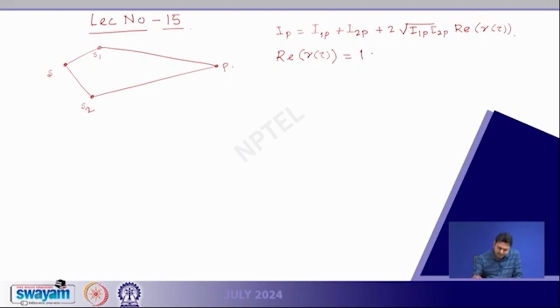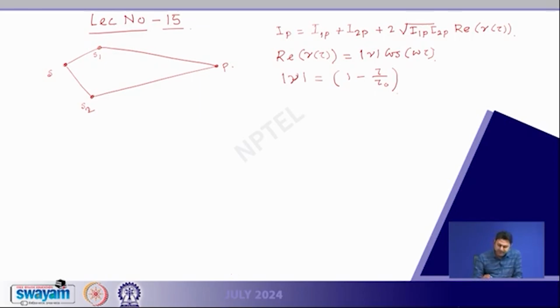I can write it as some amplitude, and since it is a real part, I write cos of omega tau. That was the value. And what was in the amplitude? The amplitude of this gamma contains the term 1 minus tau by tau naught, where tau naught was the coherence time, and this quantity basically determines the degree of coherence.